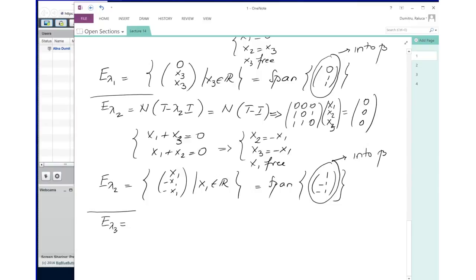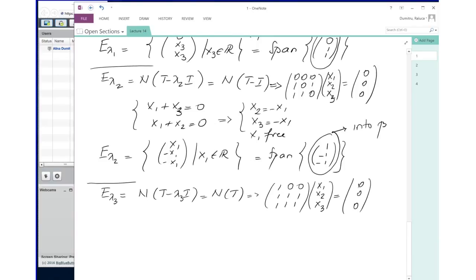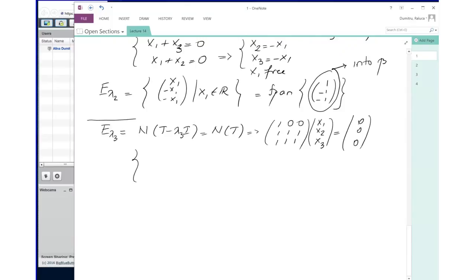E lambda 3, that corresponding to the eigenvalue lambda 3 equals 0. So that's the null space of T minus lambda 3 identity. So the null space of just T, right? So I'm just taking that original matrix, 1, 0, 0, 1, 1, 1, 1, 1, 1, right? And solving this system. So x1 is 0, and x1 plus x2 plus x3 is 0.